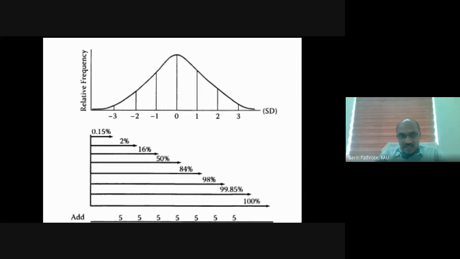You can see 0.15 is the standard deviation, and this 50 is at 0. So the maximum number of organisms that respond to a particular pesticide will be at the LC50. That's why we take LC50 as the criterion for various analyses.